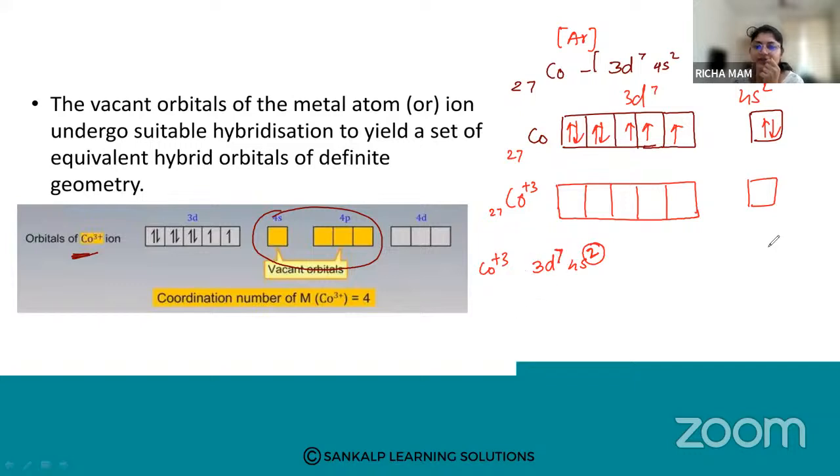So cobalt plus 3 will be in 3d6 and 4s0. So 3 electrons are lost. Let us write: 1, 2, 3, 4, 5, and 6.